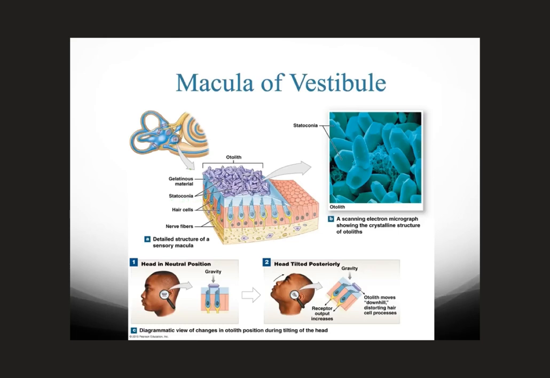So let's talk about this again. The hair cells, which are called maculae, contain a gelatinous material on top of them, and on top of this gelatinous material we're going to have these structures called statoconia.